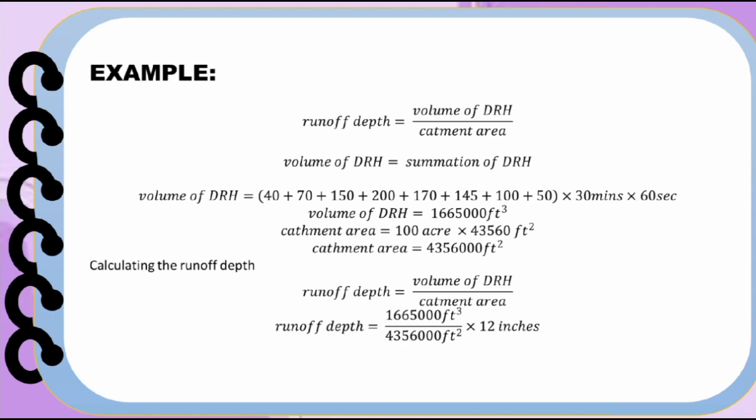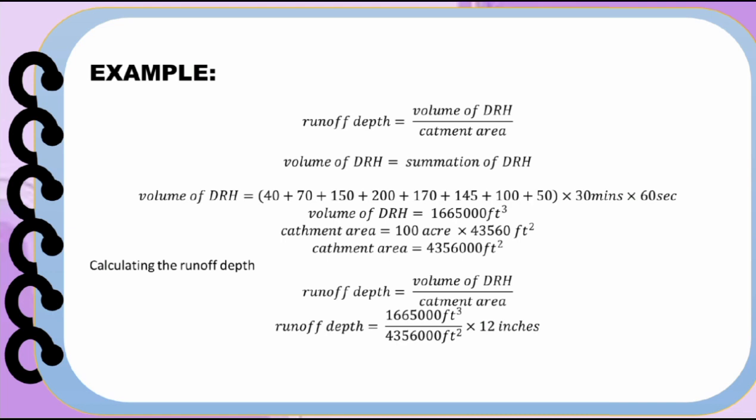So now the volume of DRH is equal to 1,665,000 cubic feet. And since we have the catchment area given, 100 acres, we're just going to convert it to cubic feet.